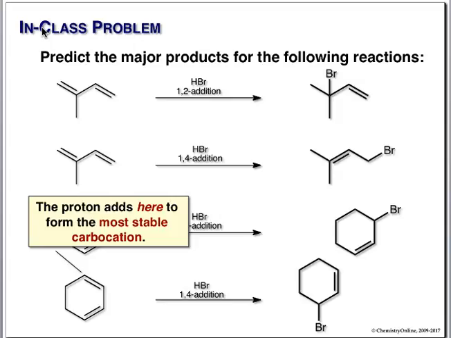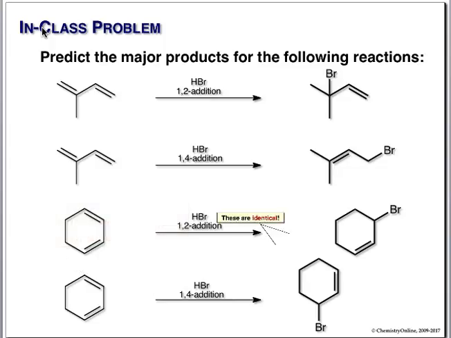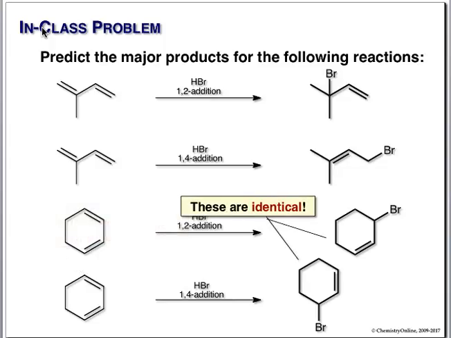All right, look at these two compounds. What can you tell me about them? Well, this one has a bromine sticking up, this has a bromine sticking down, but they're the same compound, aren't they? They're both 3-bromo cyclohexene.